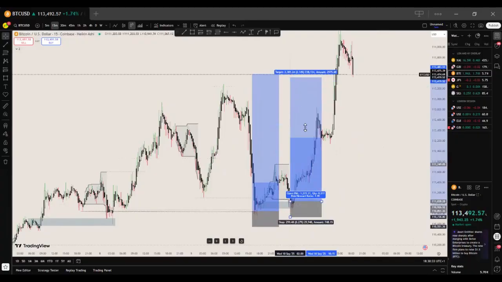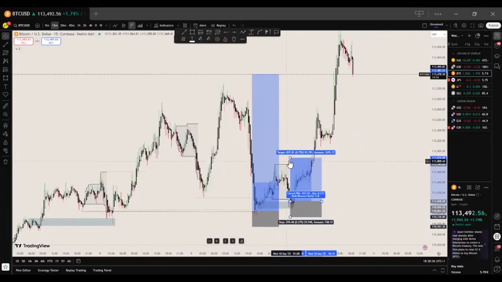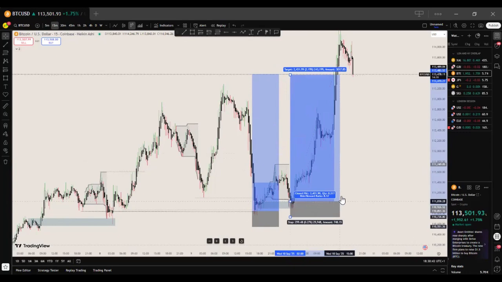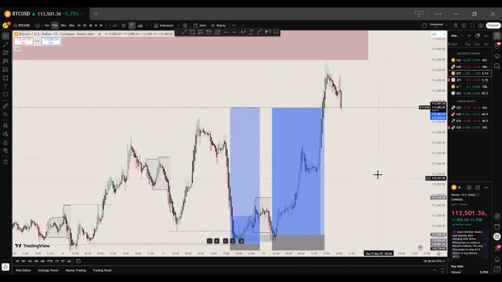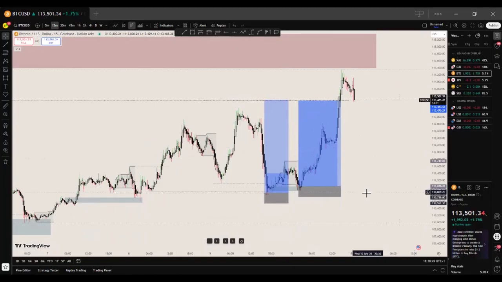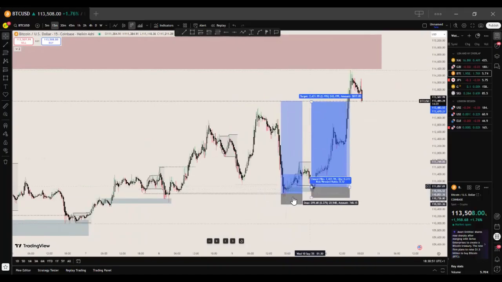Price came back, tapped into my POI, then I started buying. I started buying from this level. So why did I trade from this level? It's because I've analyzed my market from the higher time frame.